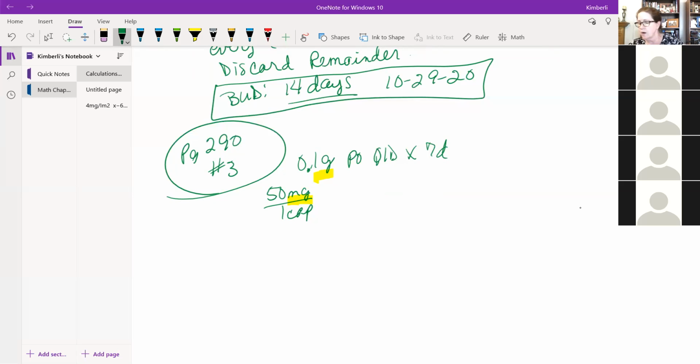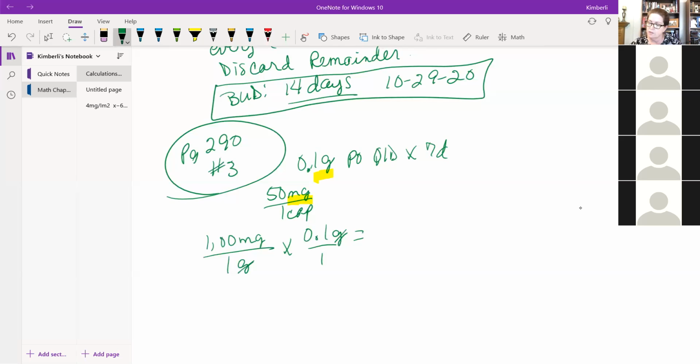Okay, so it's prescribed in grams, but we have milligrams. So what's my conversion factor? It's 1,000 milligrams per 1 gram. 0.1 gram is my dose.